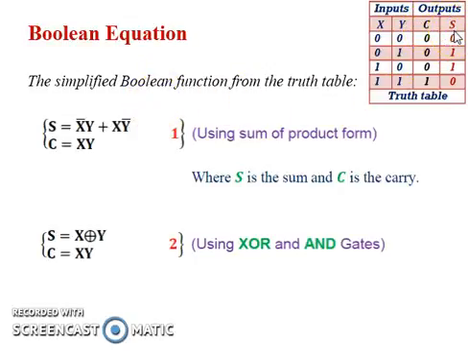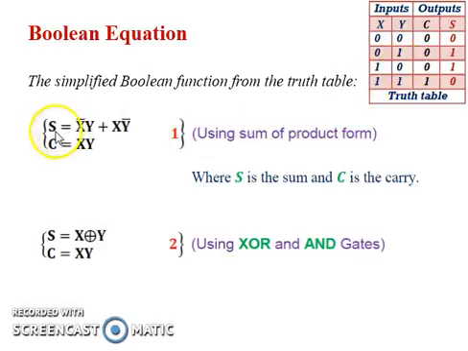the sum part. First, to implement the Boolean function for the sum part, sum all the terms where you are getting the output 1. Here, out of the 4, at 2 places we are getting the output 1. If you sum it, then the equation will be x dash y plus xy dash.